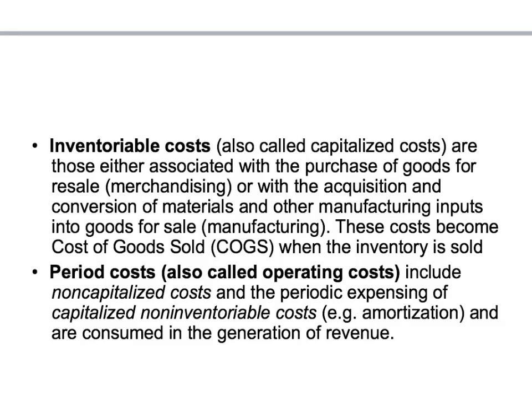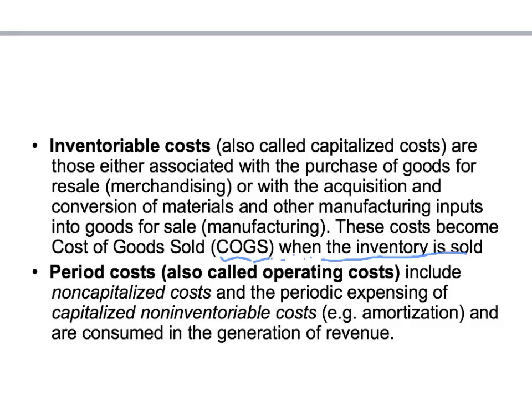When I produce my 10 desks, I incurred a lot of costs, labor and material and overhead costs. But those costs are costs to produce my inventory, and inventory is an asset on the balance sheet. It only becomes an expense when I sell the items, and it comes out as the cost of goods sold.